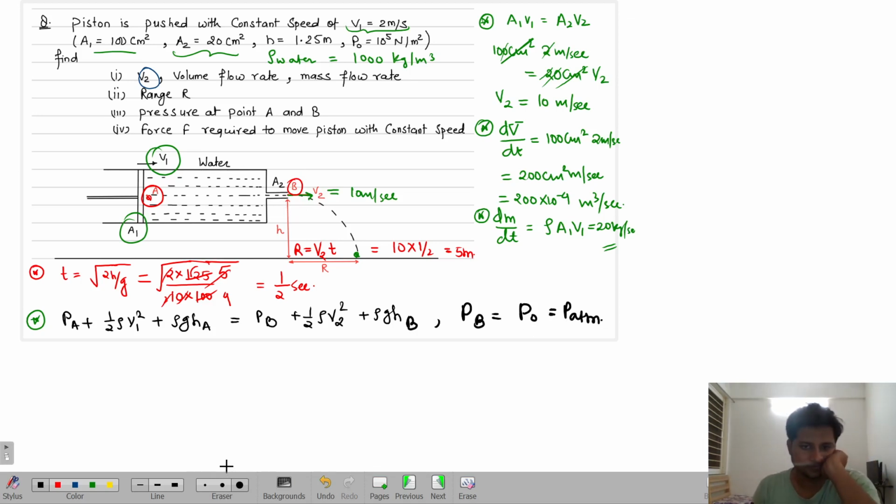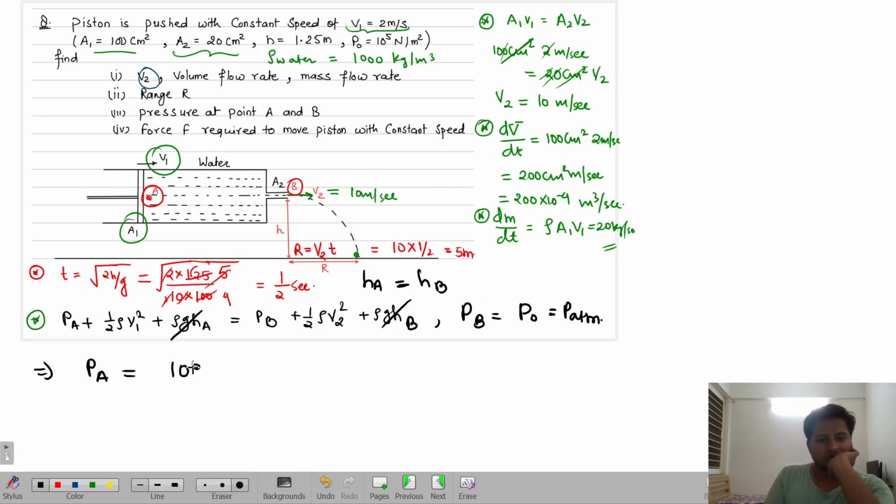So rho g h of A and rho g h of B got cancelled because the heights of A and B are the same. So the equation is P of A equals P of B, which is 10 to the power of 5 Pascal, plus half rho, 1000, into v2 square, which is 10 squared, 100, minus v1 square, which is given as 2, so 4.